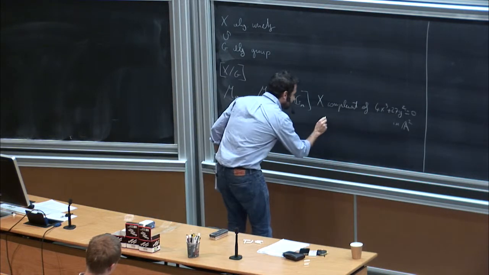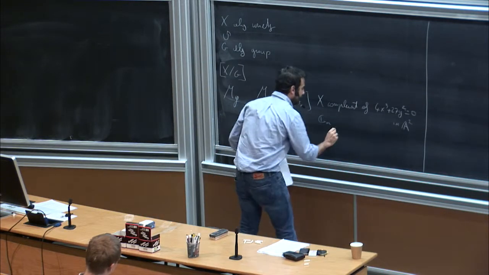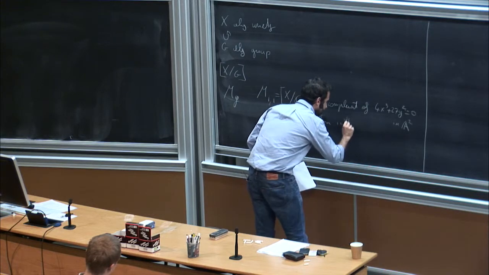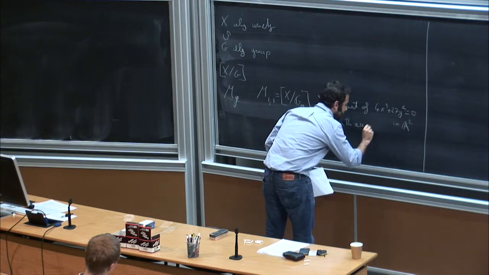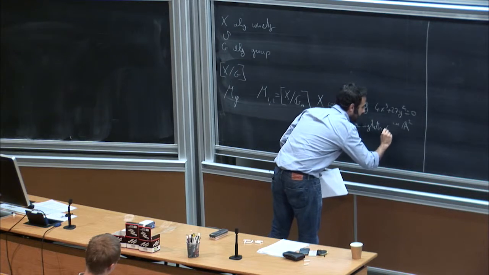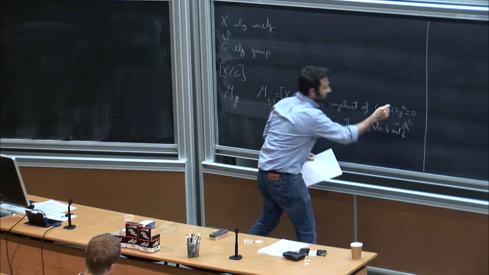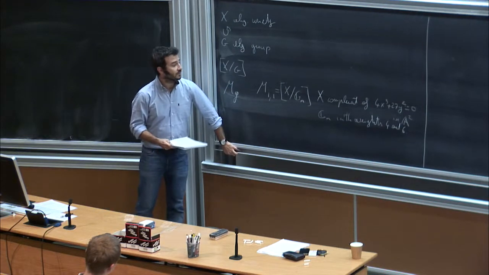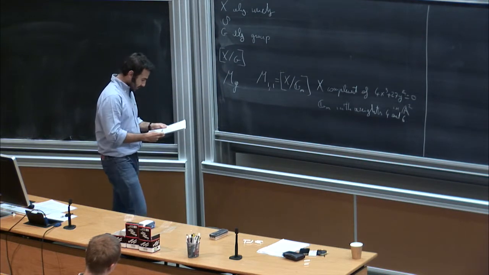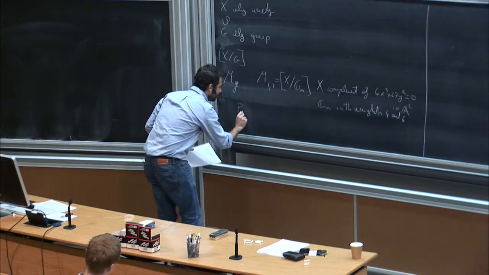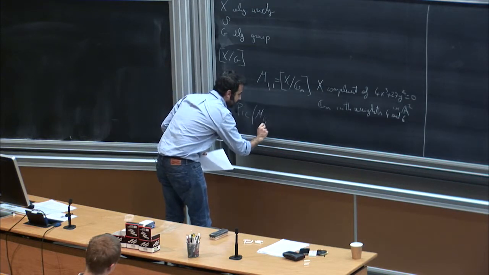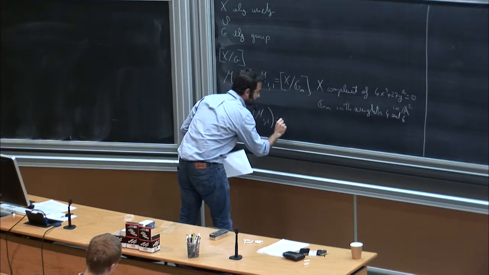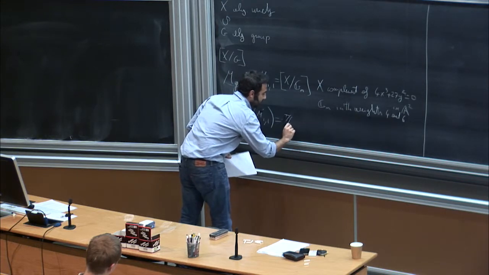And G operates with weights 4 and 6 on the two variables. And this description is quite effective, and it's basically the description that Mumford used to give the first computation of the Picard group of this moduli space.